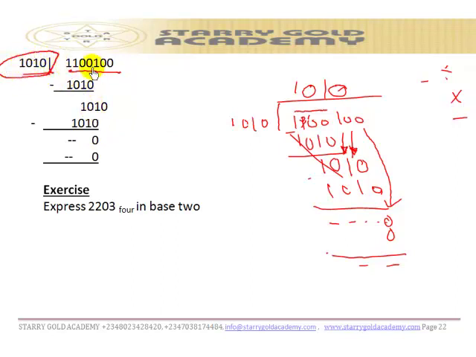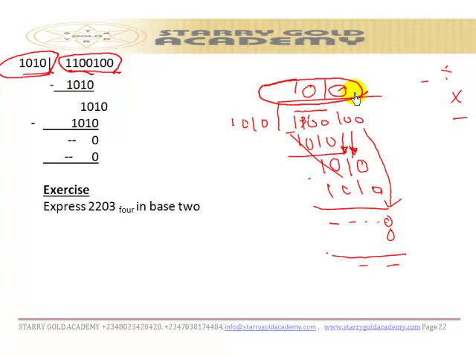Divide your answers in base 10, and whatever you have, convert it back to base 2. When you convert it back to base 2, you have the same answer we have there. So whichever one suits you best, you should try.